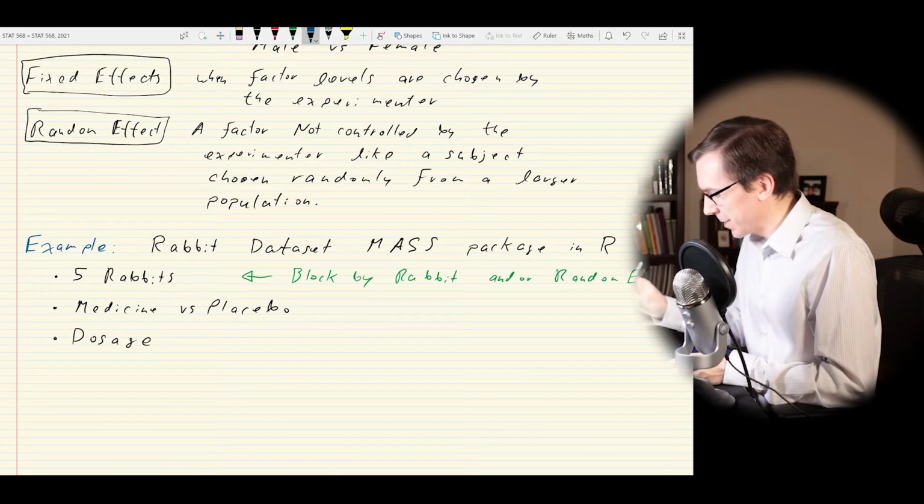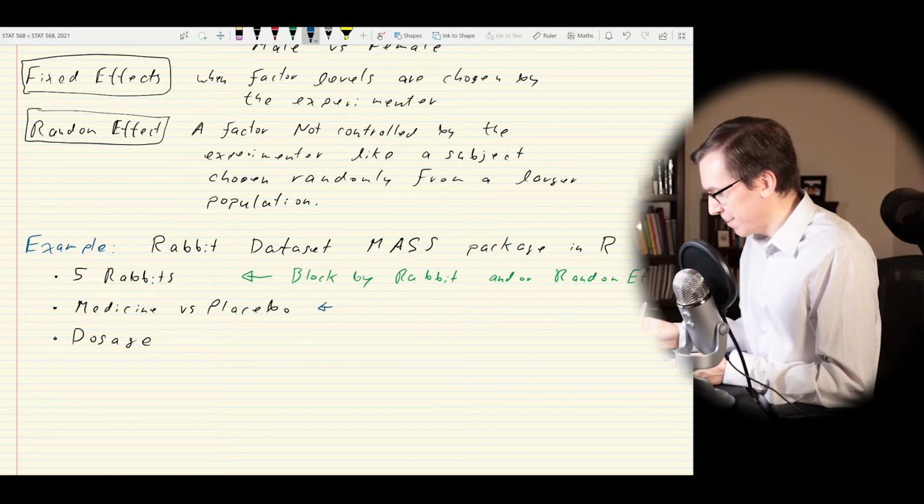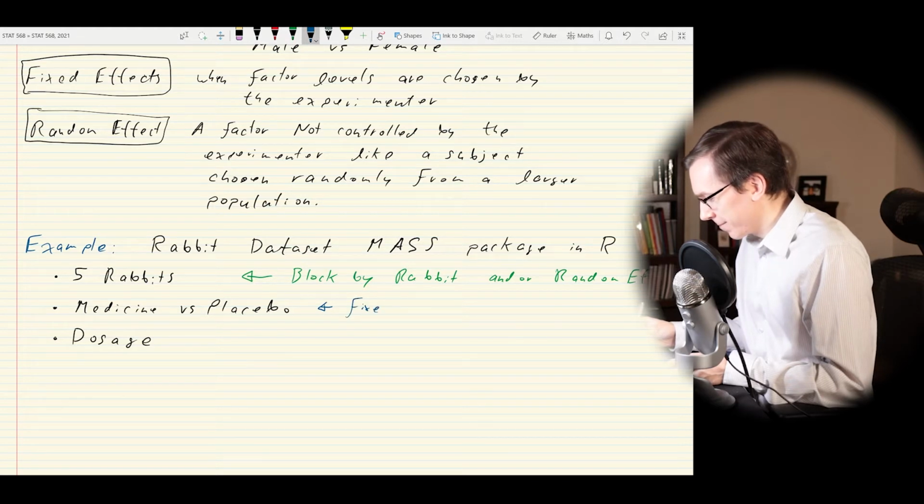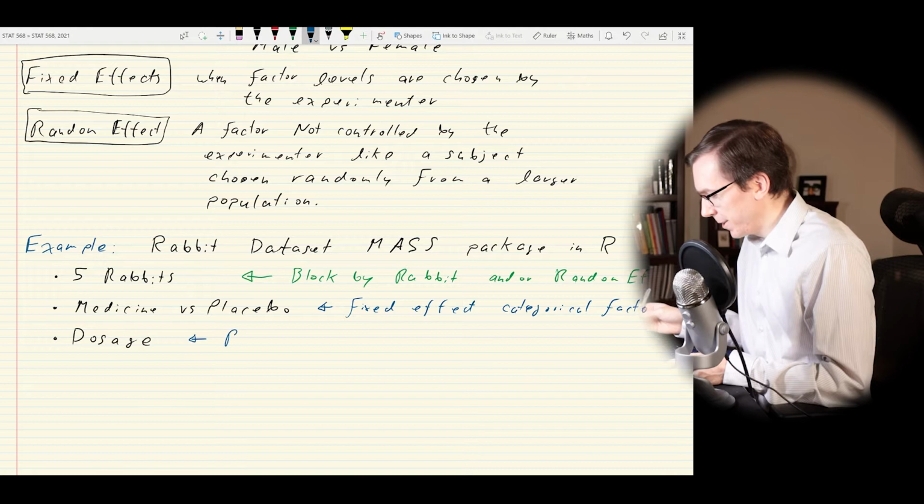And just to finish my writing here, the medicine and placebo would be a fixed effect, we'll say categorical factor, and the dosage here would be my random effect.